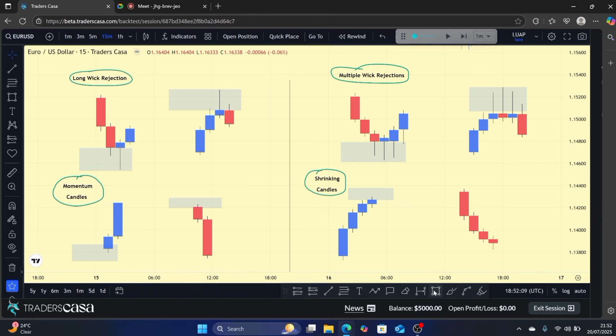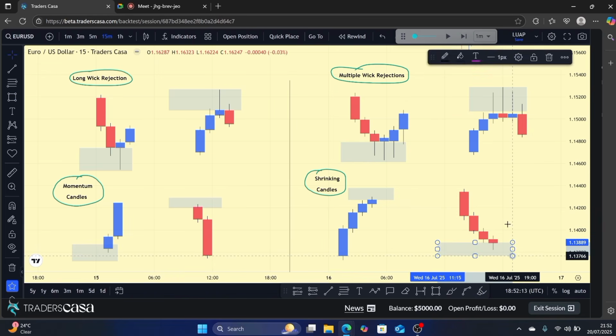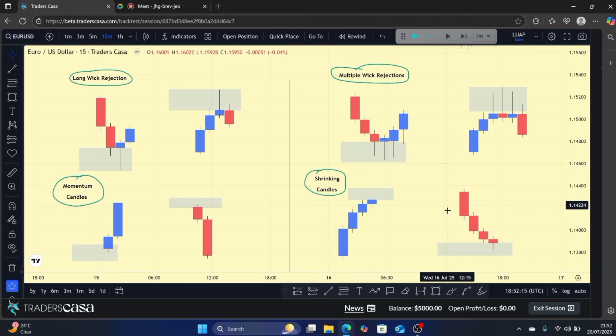The same applies to this other one. You can see price rejecting the demand zone as price was approaching it. I mean, this is a supply zone, this is a demand zone. As price is approaching the demand zone, you can clearly see the body size of this bearish candle compared to this. This is of small body size, and this is of course bigger than this one. This one here is smaller than this, and this is of course smaller than this.